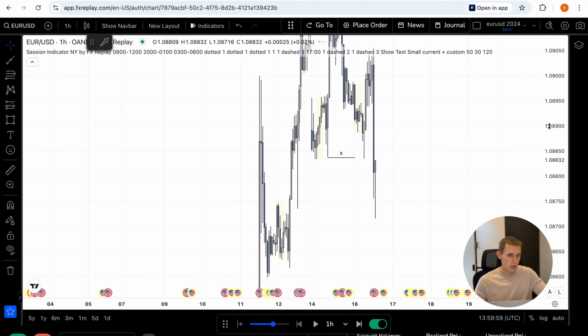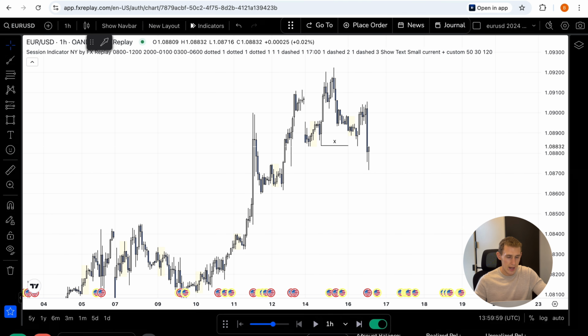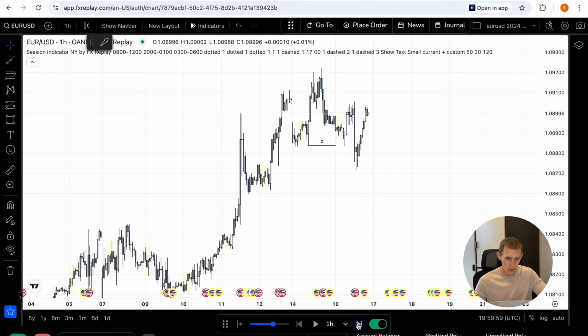Being conscious of the fact here as well that it has taken that daily liquidity, so this is why you could see a bigger reversal.